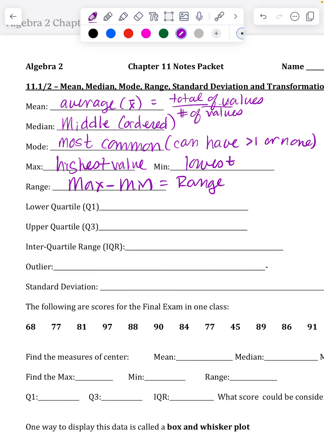Now, I'm not sure you've done this before. Lower quartile, or Q1 we call it, is technically the median or middle of the lower end. That's why it's called the lower quartile.